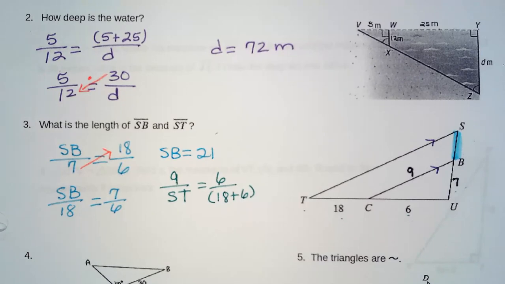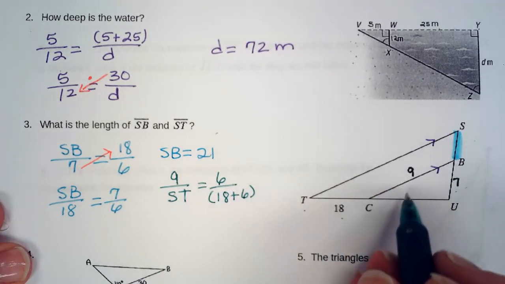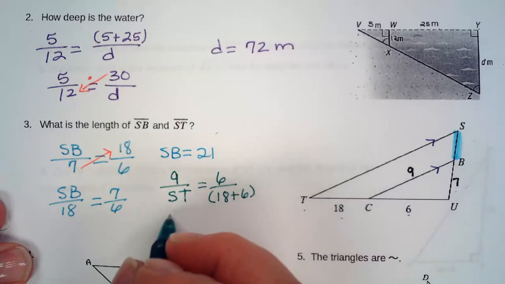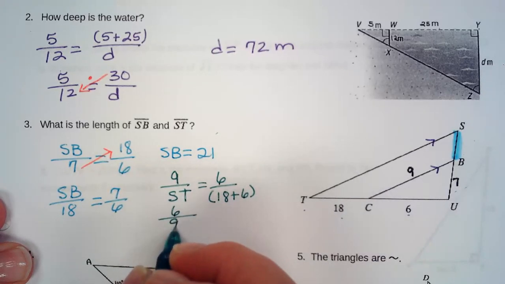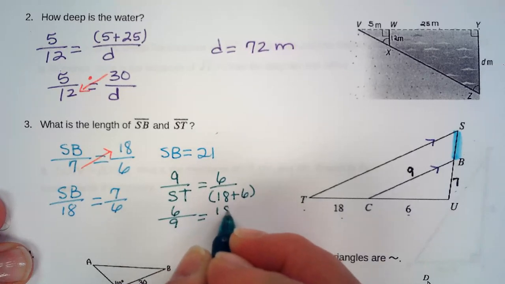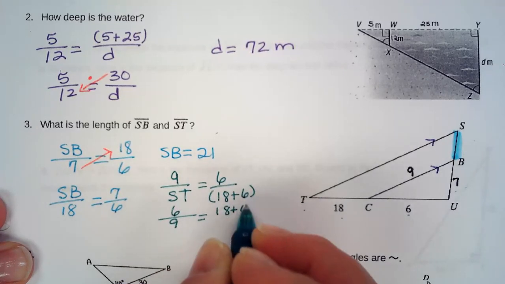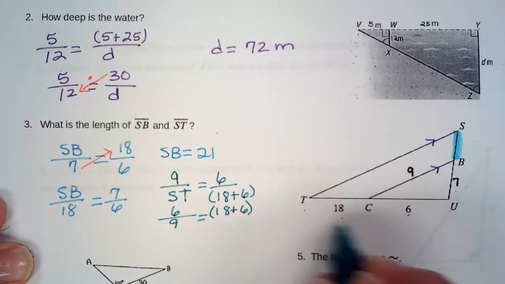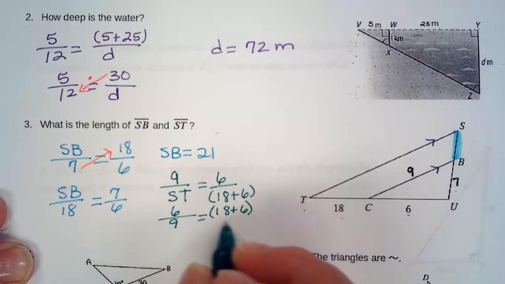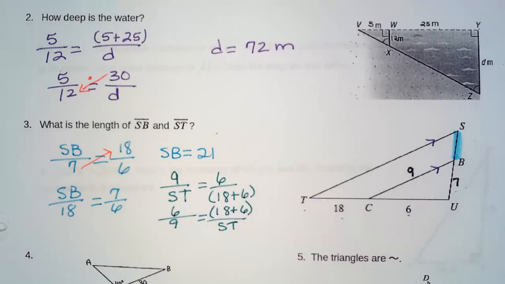Is that the only way to do it? No. I could have gone 6 over 9 equals 18 plus 6 over ST. Both are the same.